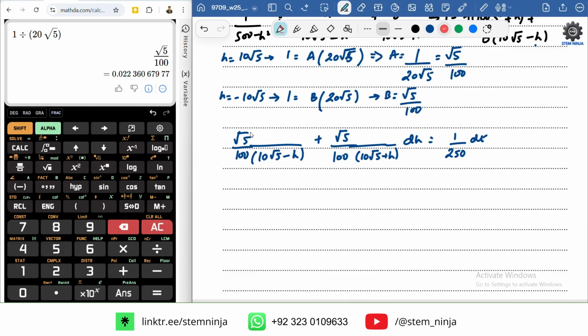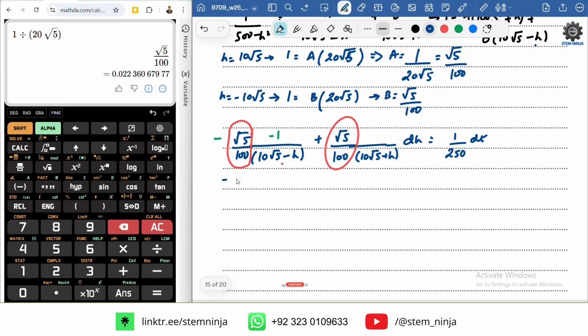So when you have this coefficient over here, this does not bother us, this is just a plain coefficient. However, when you have this, remember we'll take the ln now, but the derivative for minus h will be minus 1, so we have to multiply the minus over here, right?